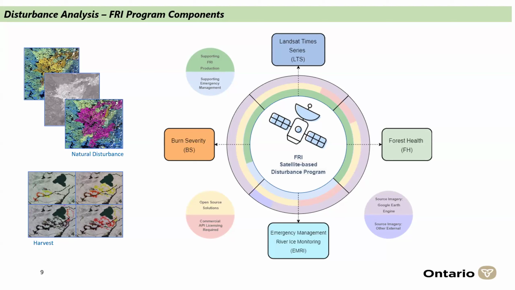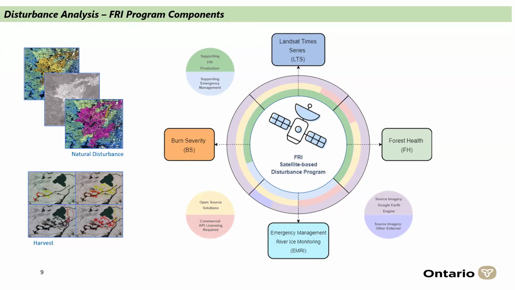We wear a couple hats here on the remote sensing side in terms of direct support to FRI production, but also providing tools and expertise to other areas that require remote sensing applications, whether it be for doing provincial reporting and updating land cover data, burn severity for fire monitoring, even into river ice monitoring for spring breakup.